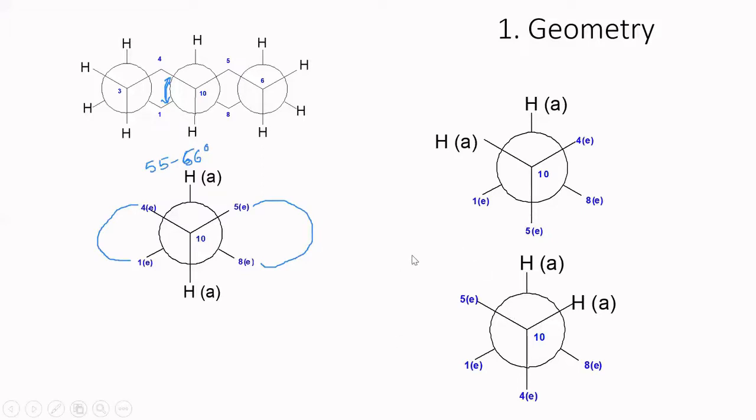Okay, so for trans Decalin, the geometry of the molecule is the most rigid geometry. First point, what I explained, the cis and trans Decalin, both of them have their cyclohexane rings in the chair conformation form. Second point, I explained to you the torsional angle of junction is 55 to 56 degree.